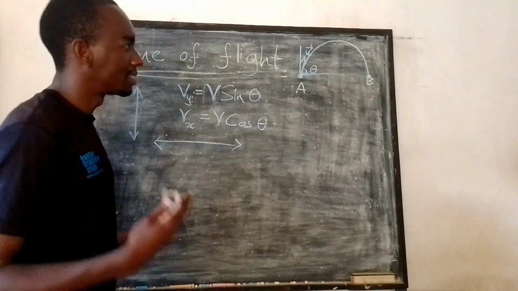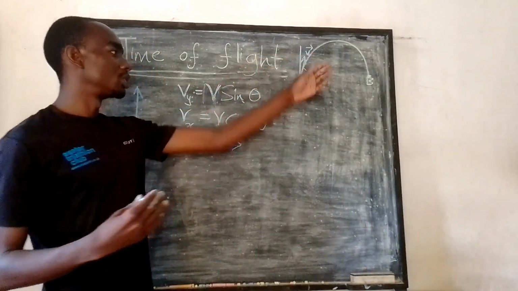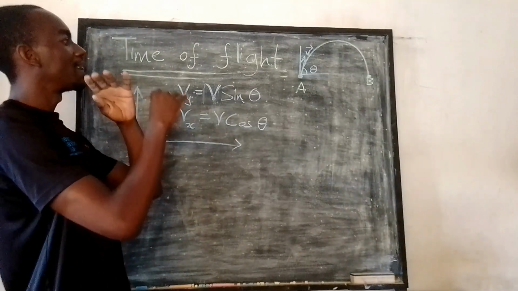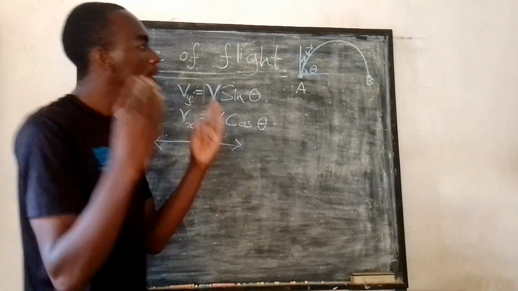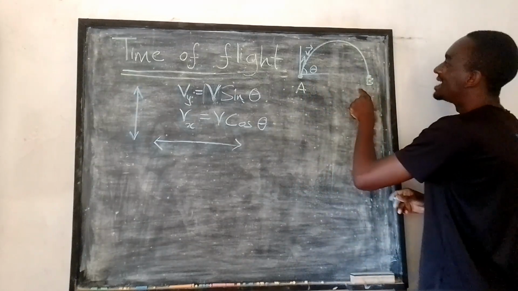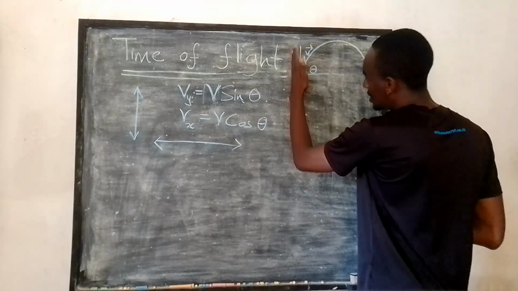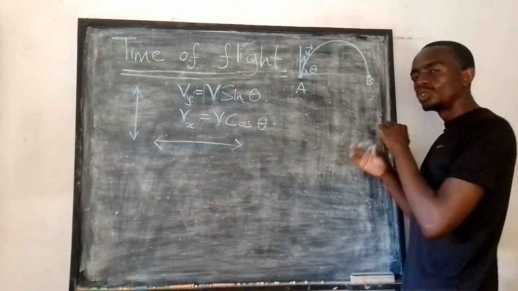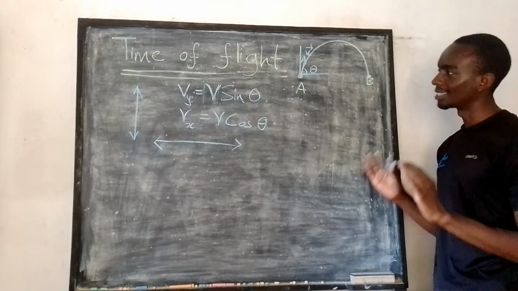Now, what exactly do we know about the horizontal motion? Always bear this in mind. This applies every single time. The horizontal motion is completely different from the vertical motion in the sense that the horizontal motion is not associated with any acceleration.